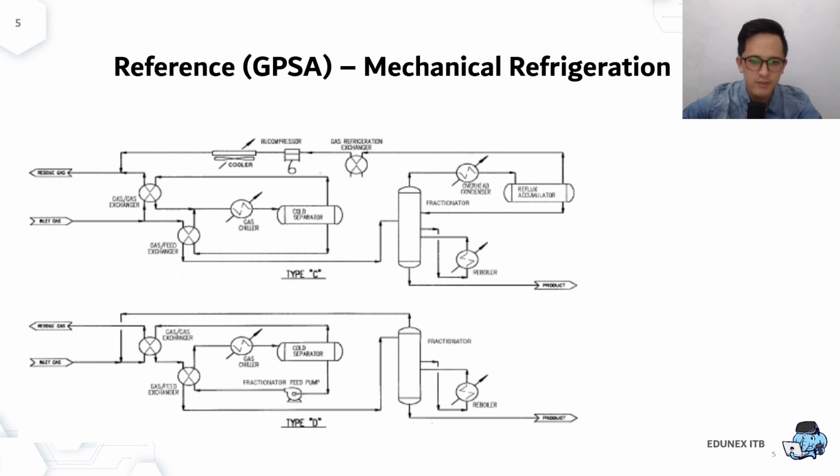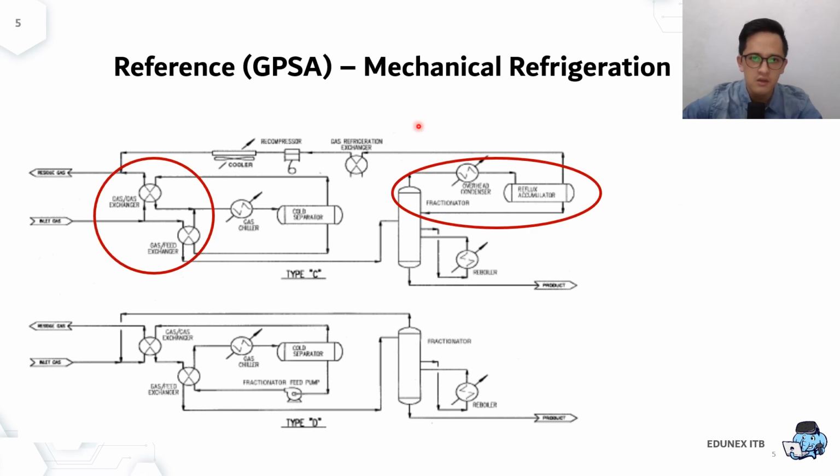So this is type C and type D. The main difference between type C and type A is the configuration of the condensate stabilizer. Previously in type A and type B, it is called a reboiled absorber, because we don't have a condenser at the top. But for type C, now we have a complete rigorous distillation.